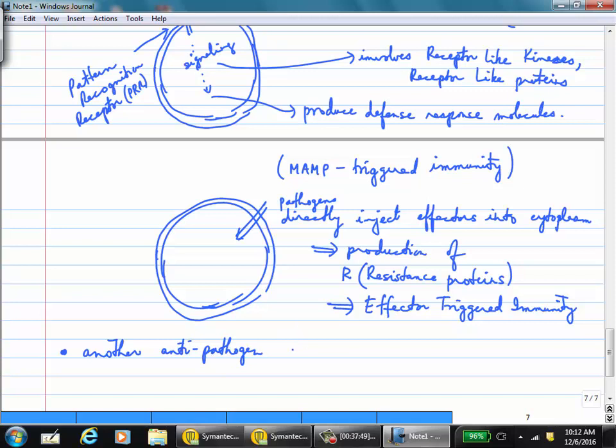Another anti-pathogen defense is what is called the hypersensitive response.